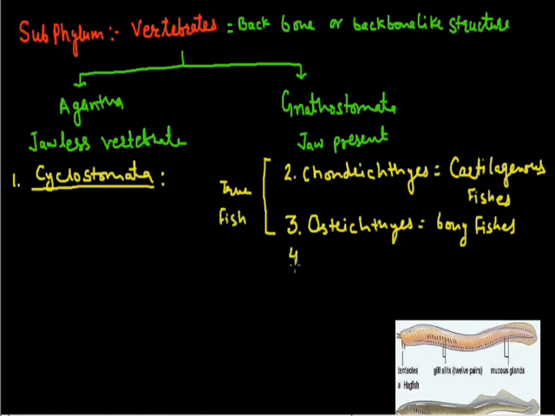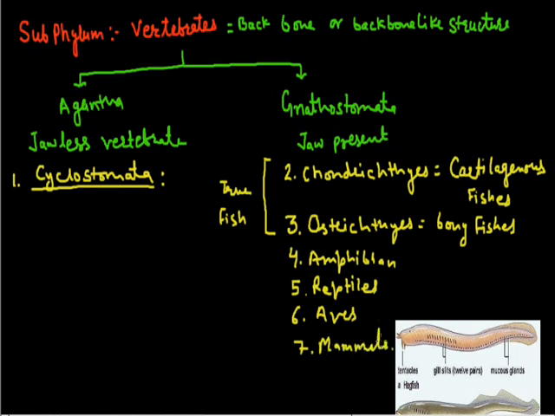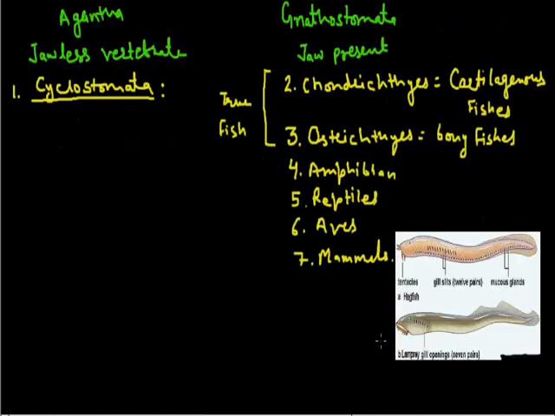Now class number 4 we call amphibians. Class number 5 we call reptiles. Class number 6 we call Aves, and class number 7 we call mammals. So these are the 7 classes in which the vertebrates are classified.